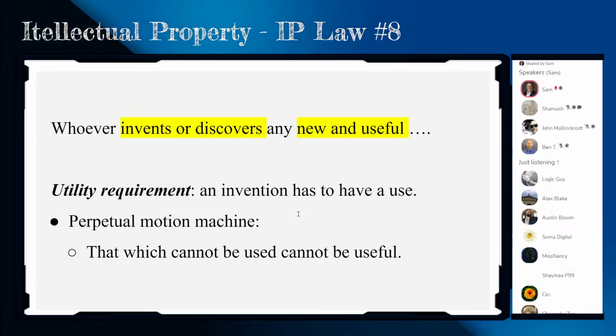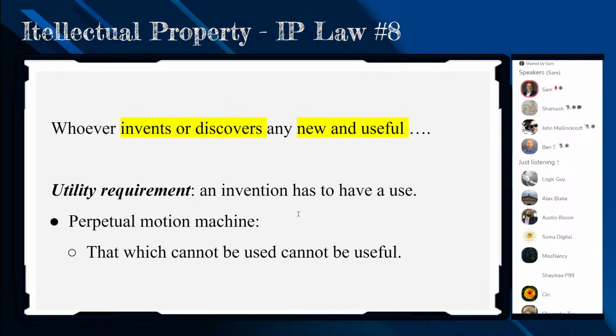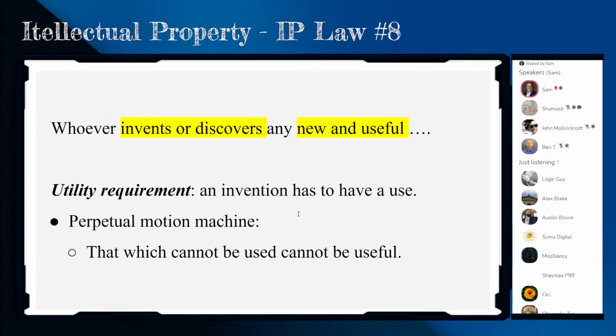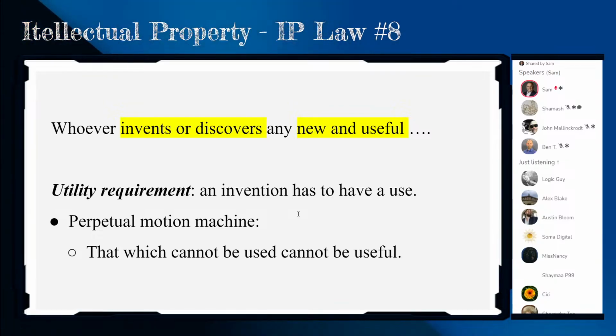And this is a line from a famous court case: that which cannot be used cannot be useful. I mean, it goes without saying, but this is really the logic of why inventions that are scientifically impossible are not meeting the utility requirement. Of course, someone like Benjamin would say, well, what about something where the science is wrong, but it works?